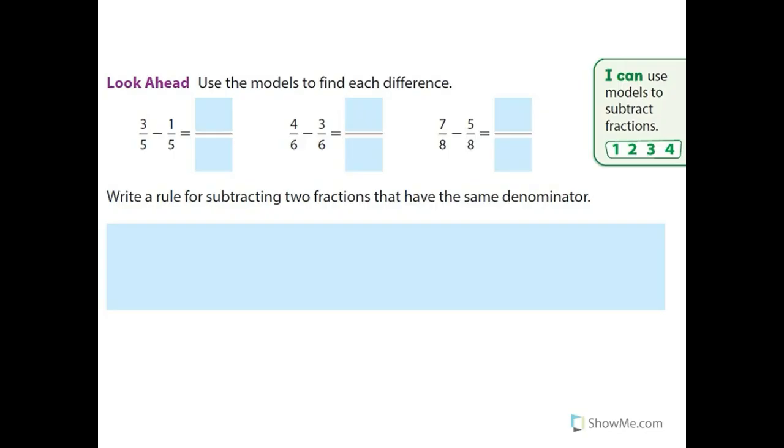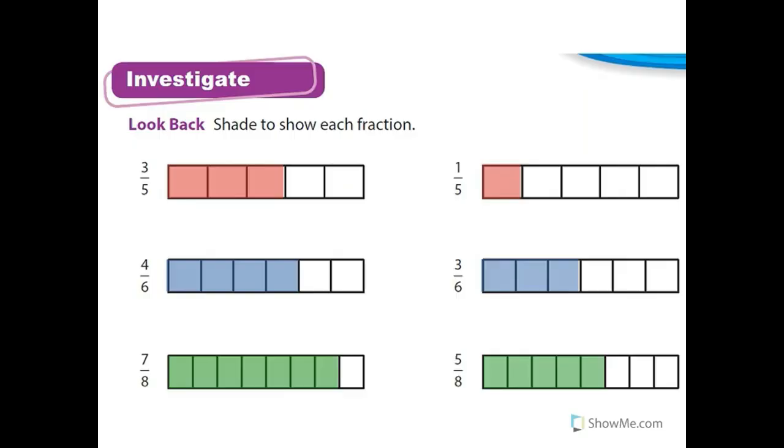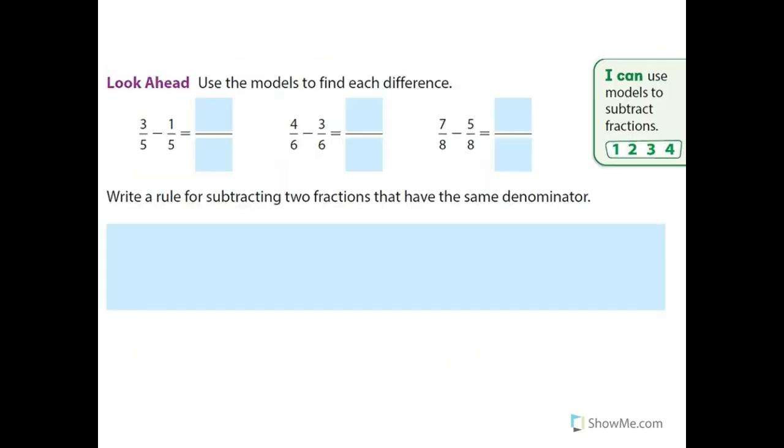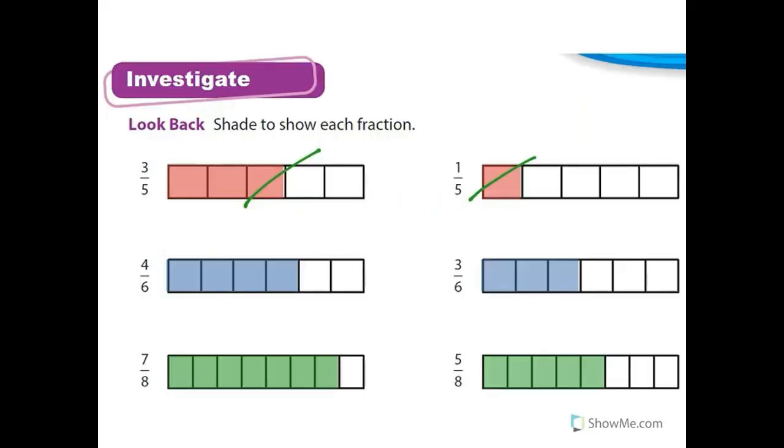So 3/5 and 1/5, so we'll mark out one of them from each one, and we're going to have 2/5. 4/6 and 3/6.